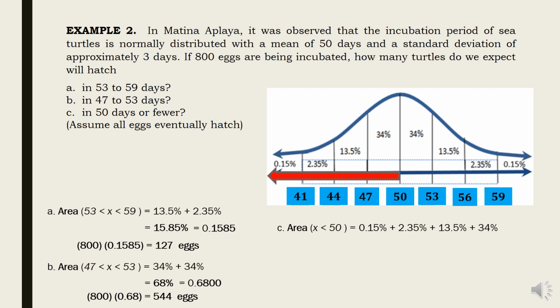So we have 0.15% plus 2.35% plus 13.5% plus 34%. So we have 50% or 0.50. We will multiply 0.50 by 800. So there are 400 eggs that we expect to hatch in 50 days or fewer.